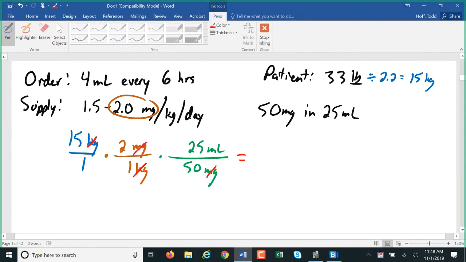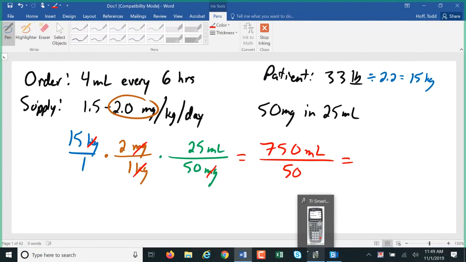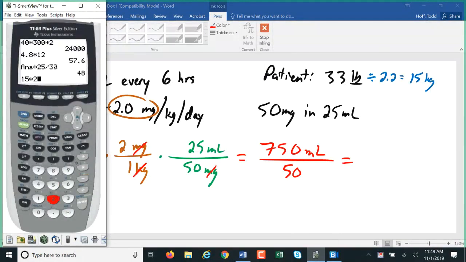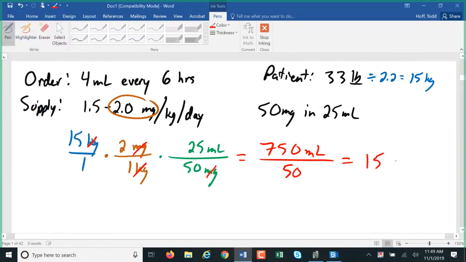So on top there, we've got 15 times 2 times 25, which is 750, over 1 times 1 times 50, which is 50. It's 15 milliliters. That is per day.